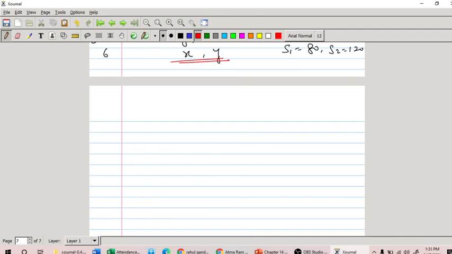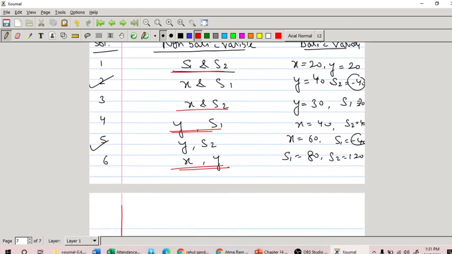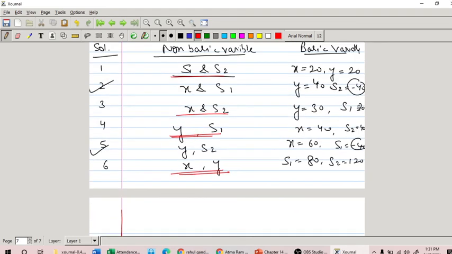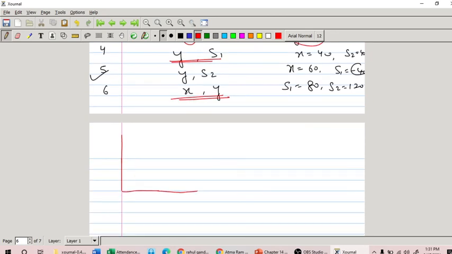So, when you plot these points on a graph paper, you will find that when x is equal to 0, y is equal to 30.